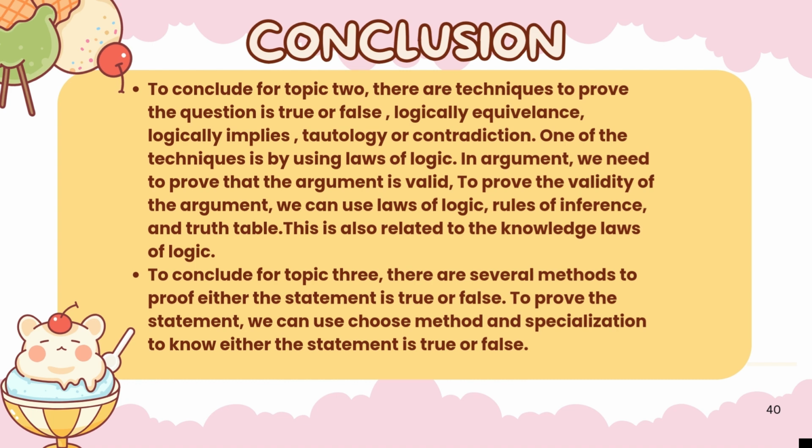This is also related to the knowledge of laws of logic. Then, to conclude for topic 3, there are several methods to prove whether a statement is true or false. To prove the statement, we can use the choose method and specialization to determine whether the statement is true or false.